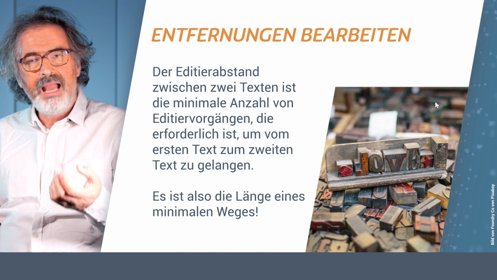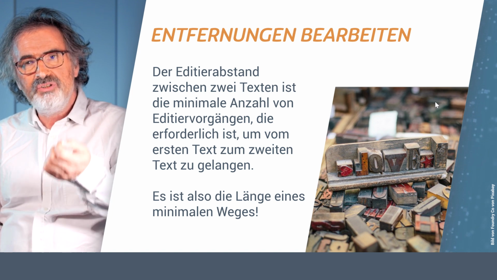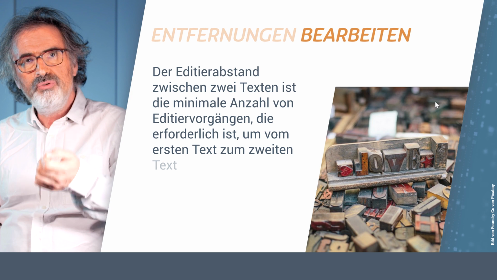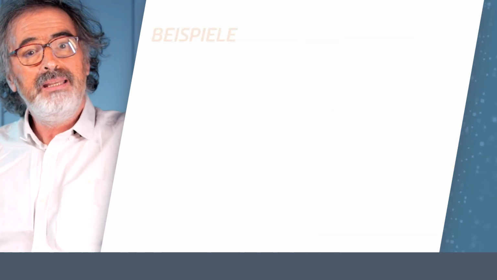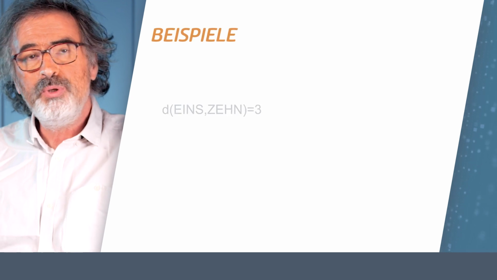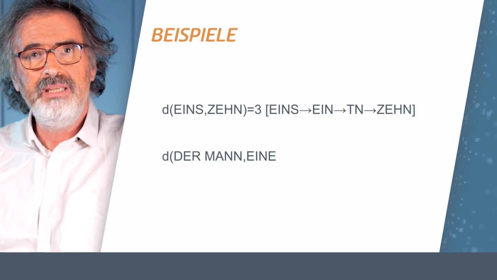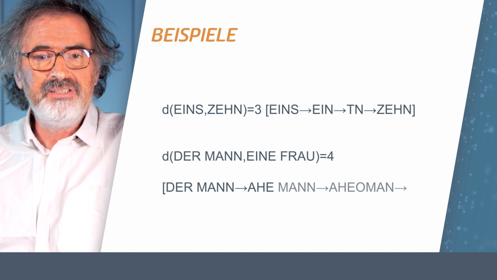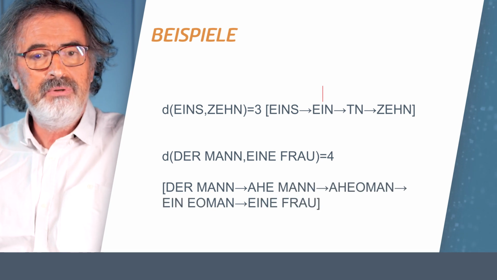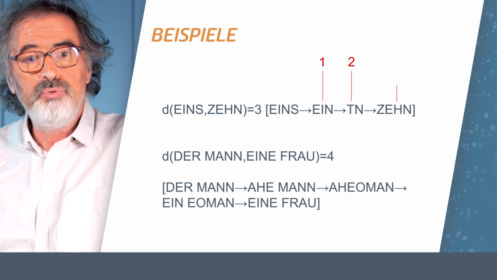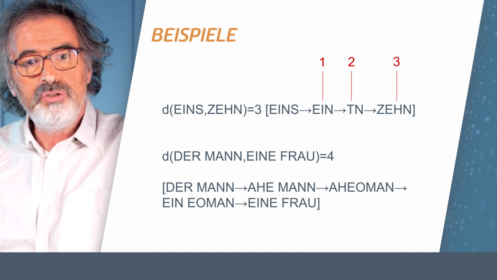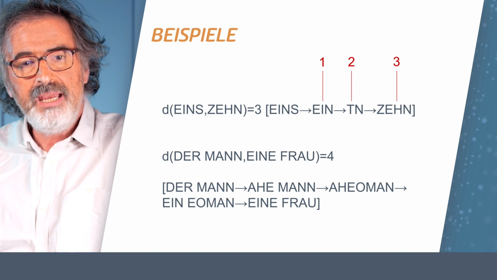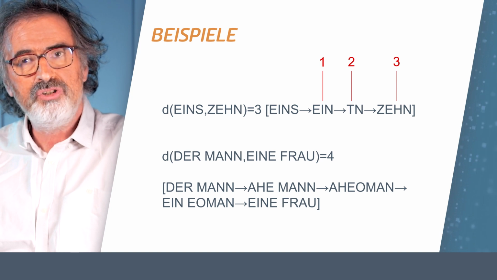We will be counting how many words we have had to insert, to delete, or to substitute to get from one text to another text. Example, the distance between 1 and 10 is 3. Because there is a path of length 3, which is 1 is transformed into on by a deletion, into tn by a substitution, and then from tn we go to 10 by an insertion.